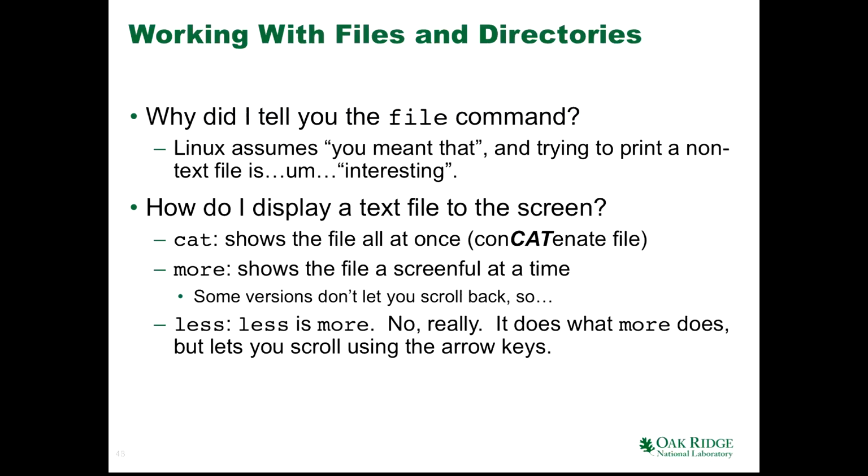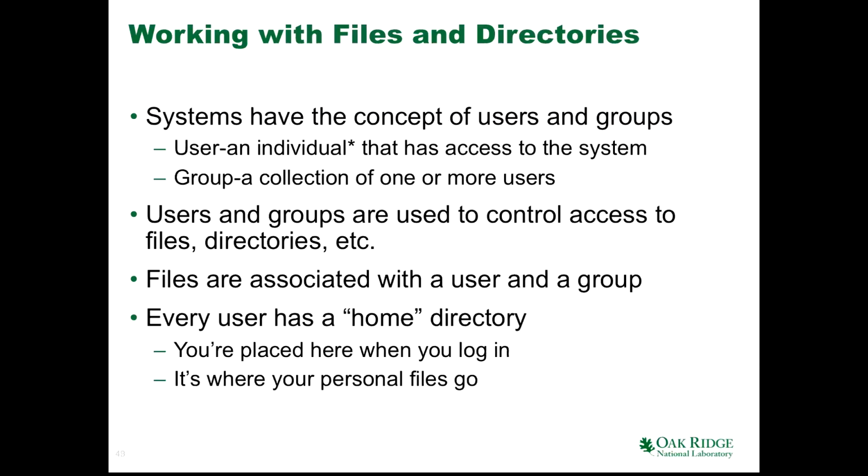Some of them will let you use the arrow keys to scroll back and forth. Some of them won't. Most of them just allow you to hit the space bar to show the next screen full of data. So we have the less command, and essentially less is more. Less does the same thing that more does, but it lets you scroll using the arrow keys. So that's sometimes a little bit more friendly command to use.